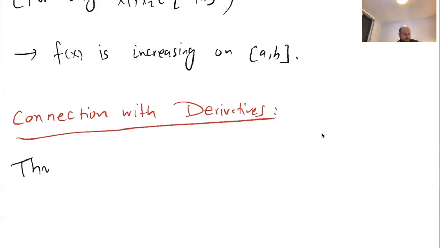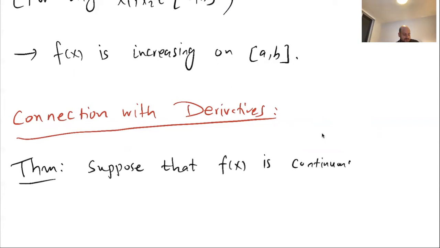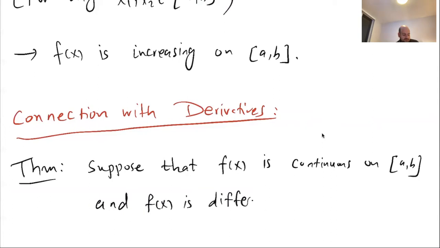So, theorem: suppose that f of x is continuous on the closed interval a and b, and f of x is differentiable on the open interval a and b.